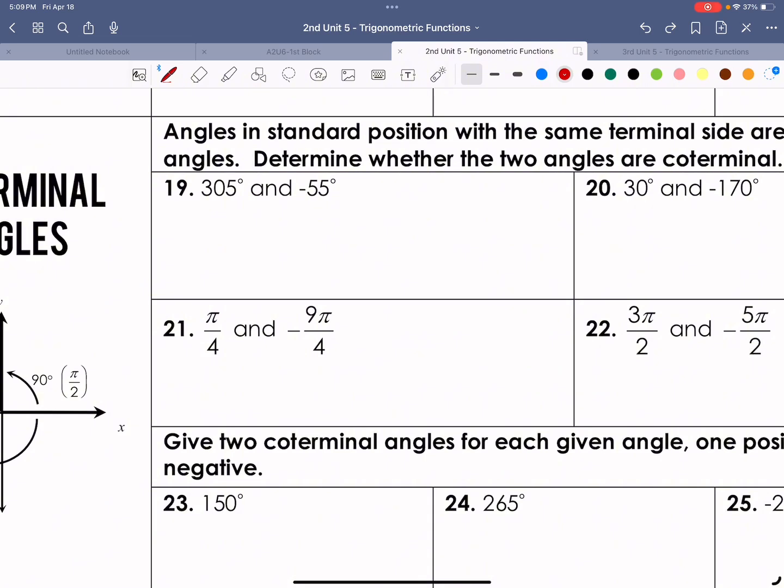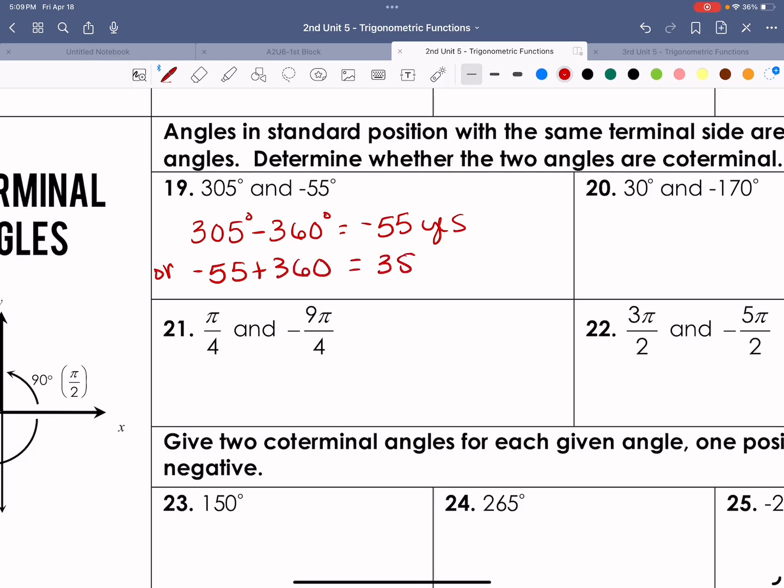One quick way is let's just take 305 and subtract 360, and what do you get? Negative 55. So yes, you could also take negative 55 and add 360, you get 305. So that's a yes that way as well. But either one you pick, you should be able to get the other number.